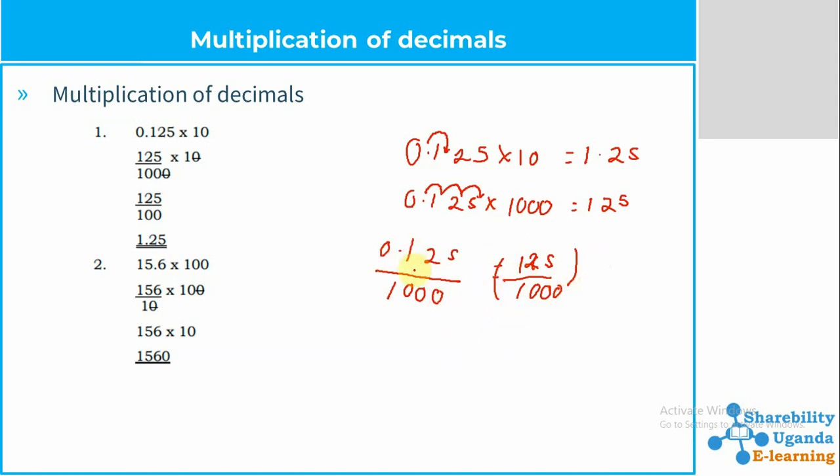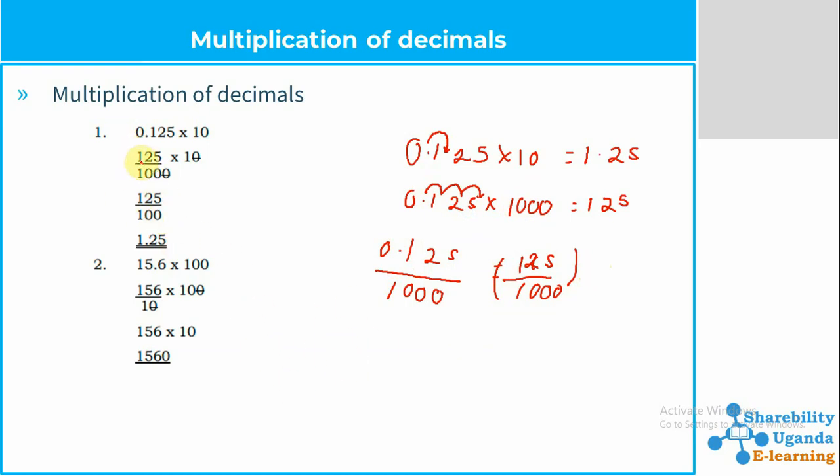When it is multiplied by 1,000, we move the point three places, moving our 1 from the point side. That is the concept we are going to use.